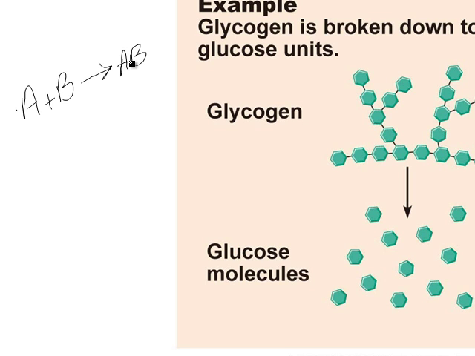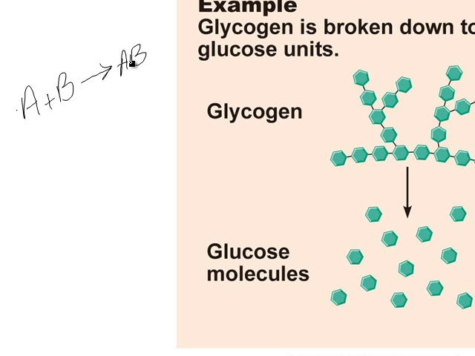So remember sodium and chlorine we talked about earlier? Na plus Cl goes to, with my arrow, NaCl. What kind of reaction is that? It's a synthesis reaction. So I made salt from sodium and chlorine.